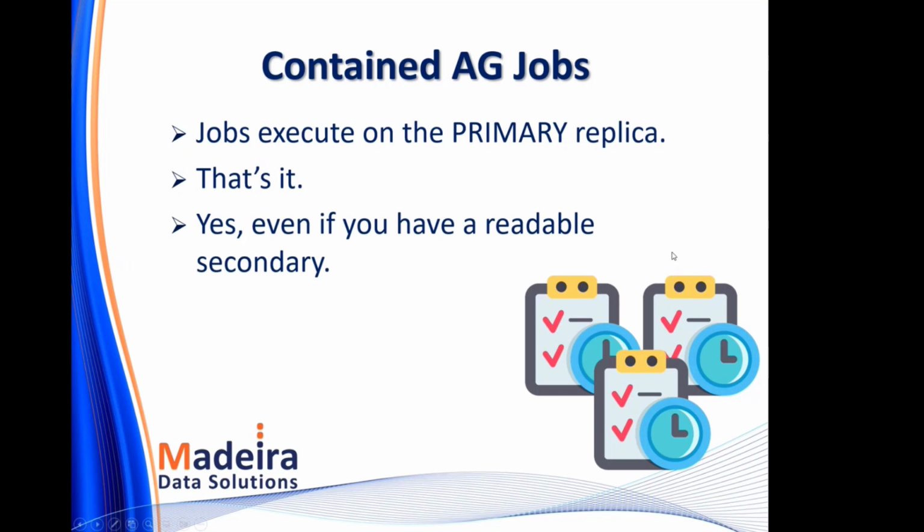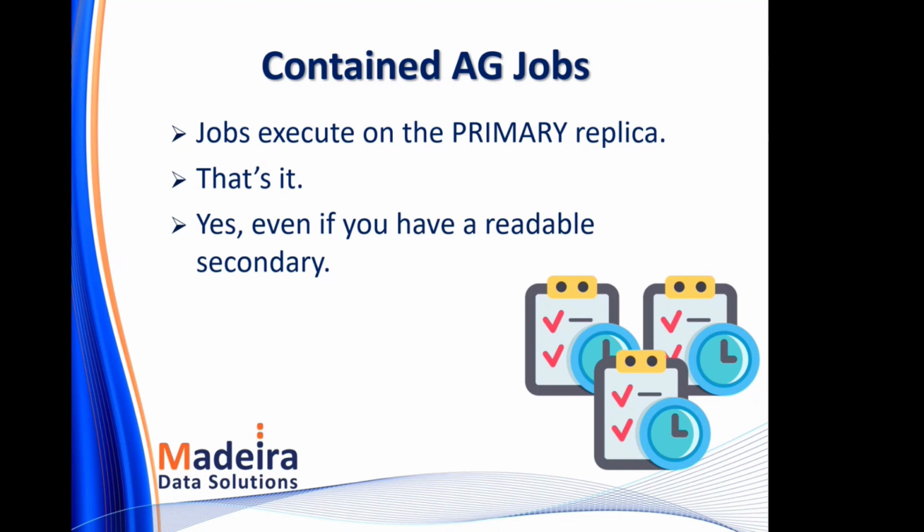Even if you have a readable secondary and you can see the jobs on the secondary replicas, you still cannot run them. They are not allowed to be executed. The reason is that in order to run a job in SQL Server, it would have to modify data in MSDB.